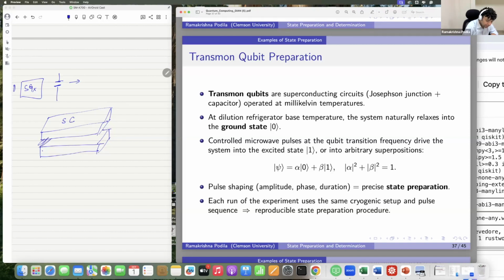And in between these superconducting layers, I'm putting an insulating layer. So this is an insulating layer, and this is another superconducting layer. So two superconductors with an insulating layer, that is what we are calling a Josephson junction, right?